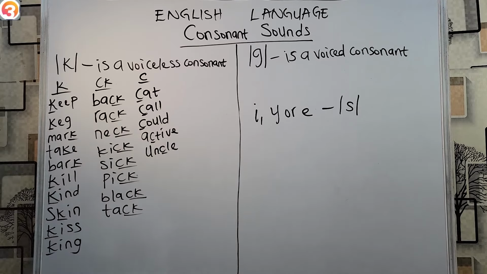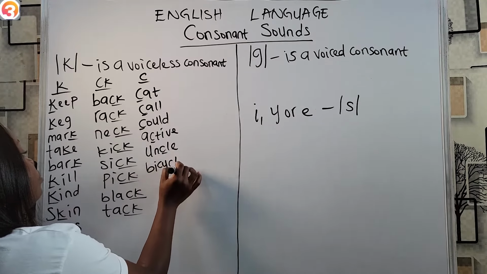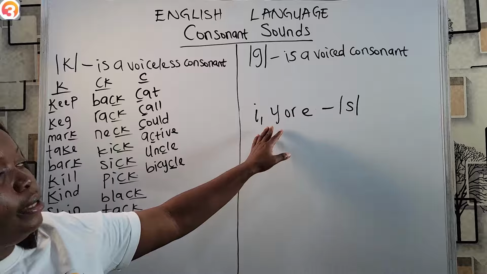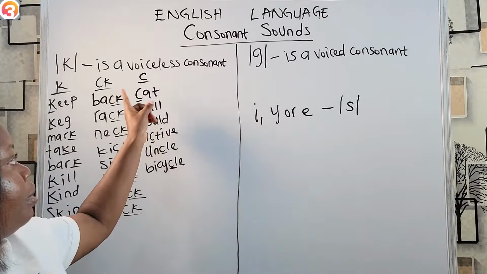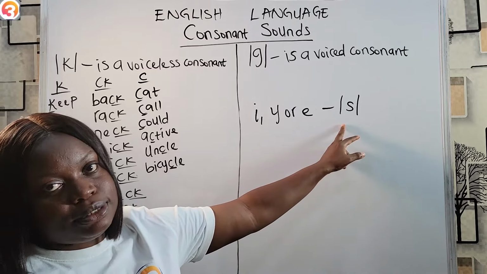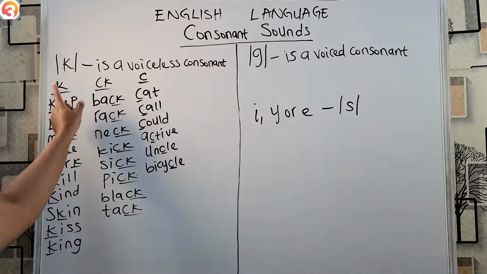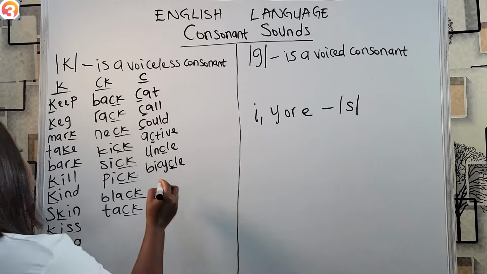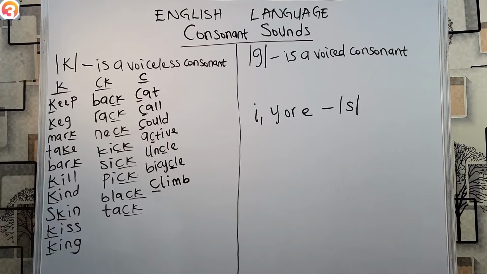See the C there, pronounced as K. Bicycle: the first C comes before Y, and as we've said, I, Y, or E after letter C makes that C pronounced as S rather than K. So the first C isn't the consonant K, but the second C is K. Then we have climb. These are fairly common examples.